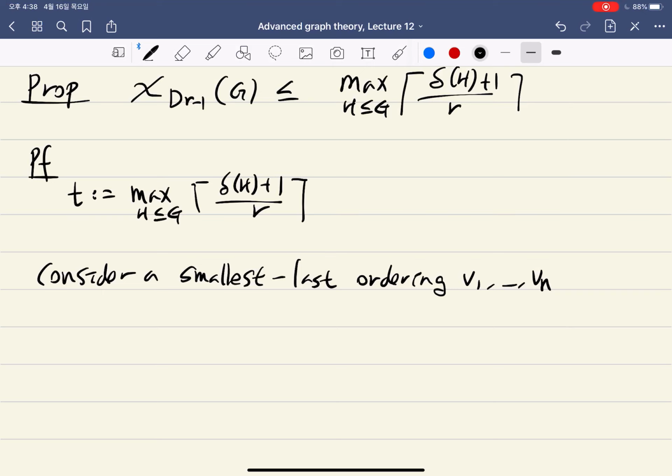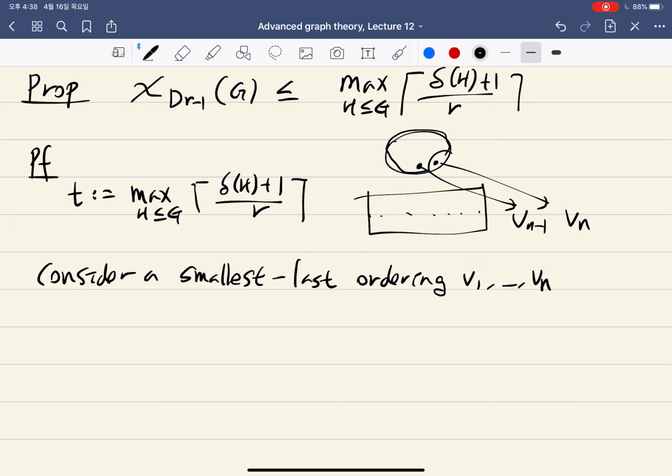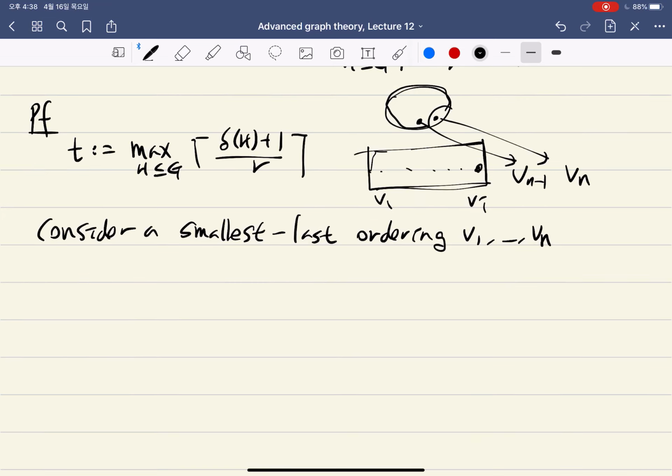So this is the ordering on a graph where you take a vertex with minimum degree and put it as vn, then take the remaining graph, and there you take a vertex with minimum degree and put it as vn-1, and so on. So every time you take v1 to vi, in this graph, vi is one of the vertices with the minimum degree. And we apply R greedy coloring.